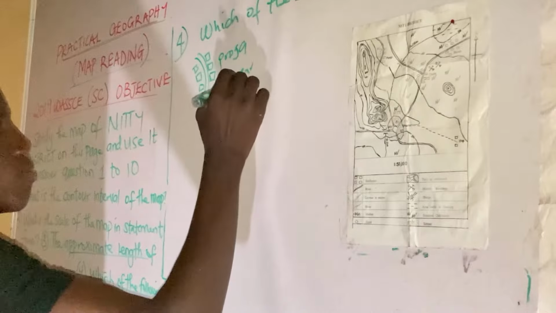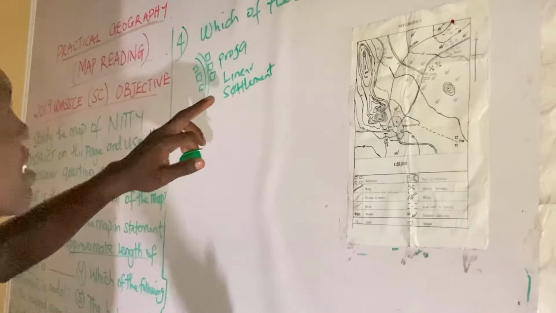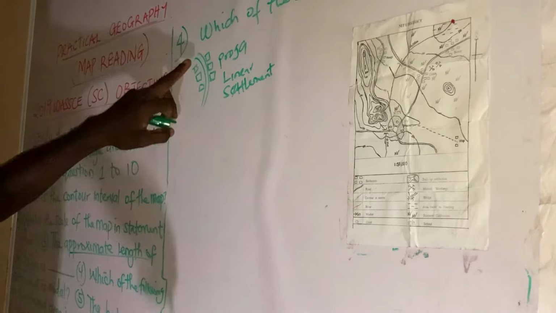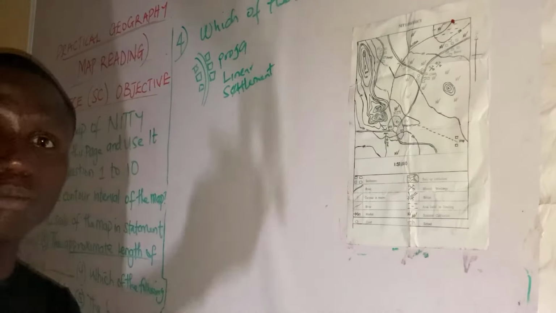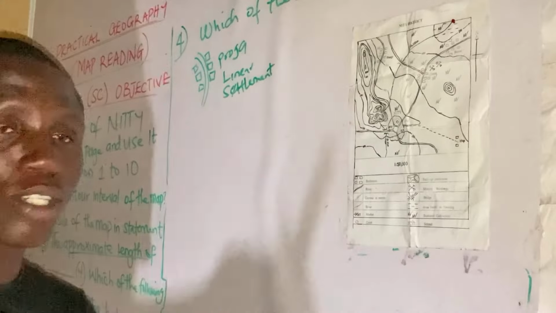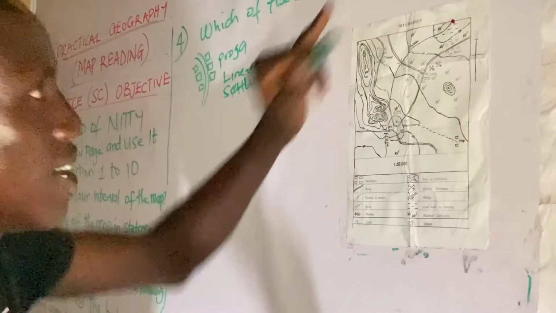Now, since Proga is linear settlement, why is it linear? The settlements are located linearly along the road. So whenever you have buildings being built linearly along the road, we call it linear settlement. So Proga is never a nodal settlement.